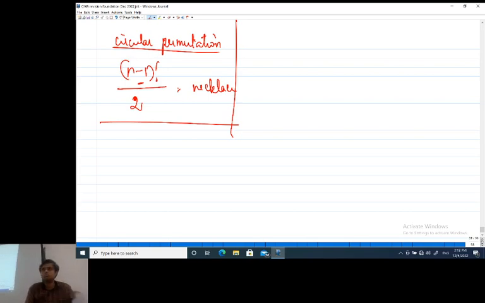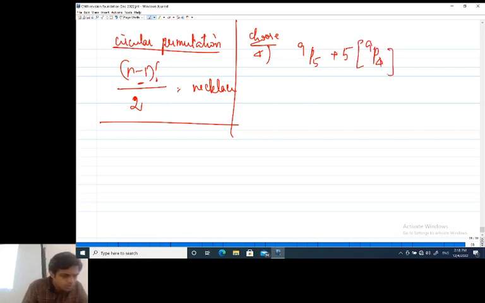Permutation here. 9P5 plus 5 into 9P4 equal to 10Pr.